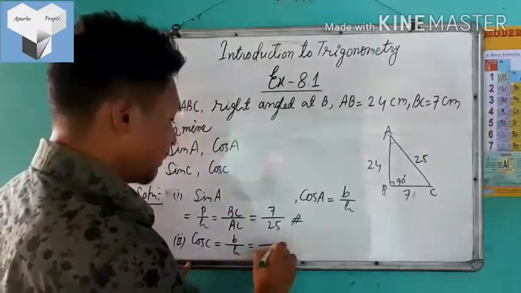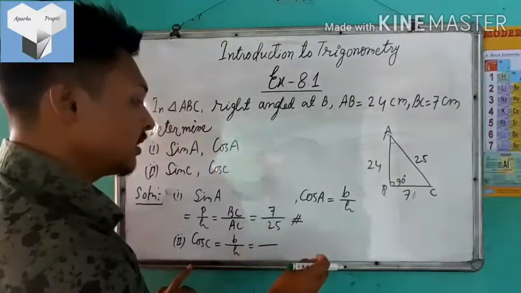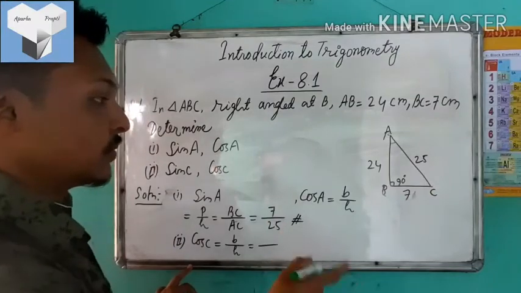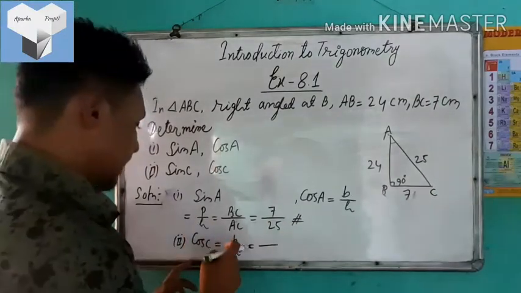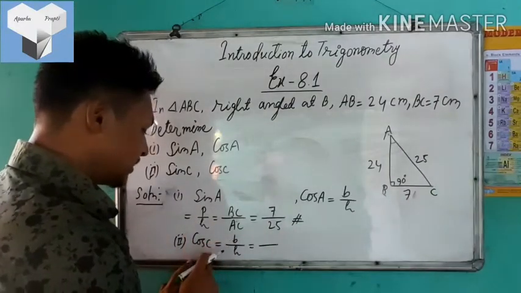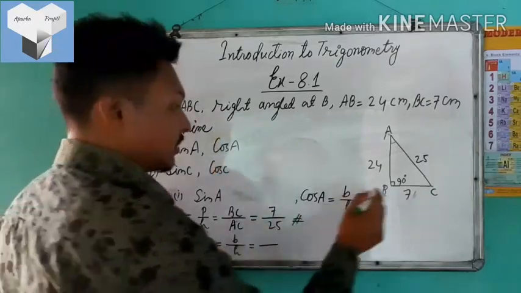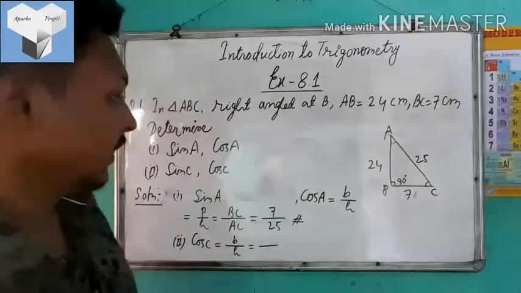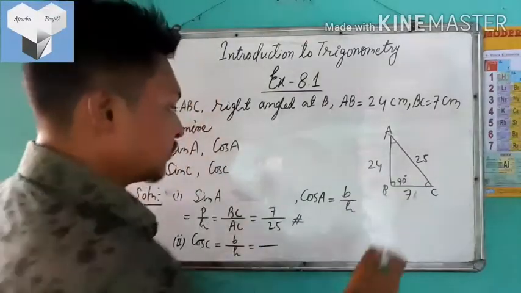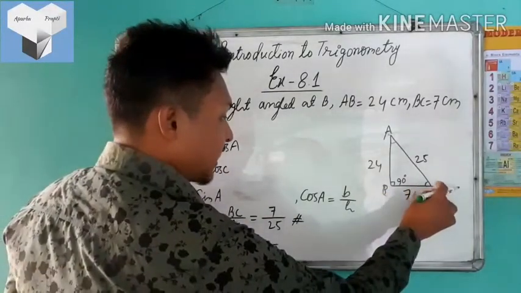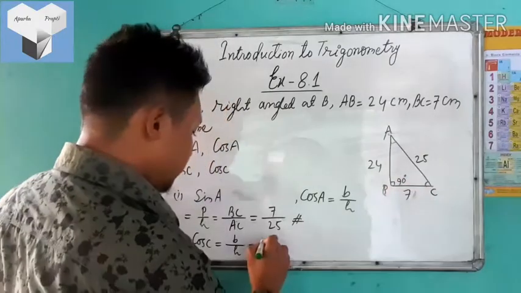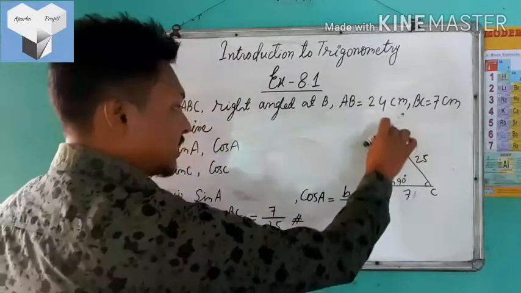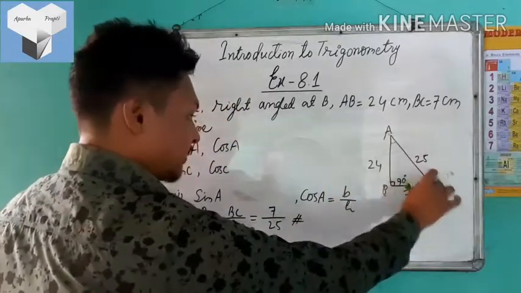But with respect to which angle you are doing, you have to know it first of all. So guys, with respect to angle C, we are doing this operation. So this is the angle C. And with respect to angle C, base will be BC because this angle is lying on this line. So BC is the base and hypotenuse is AC, the longest side of a right angle triangle.